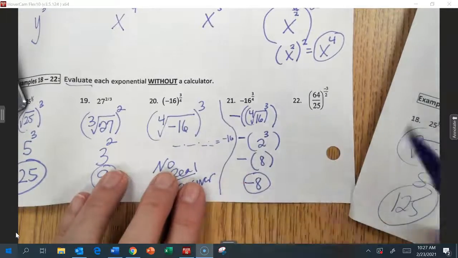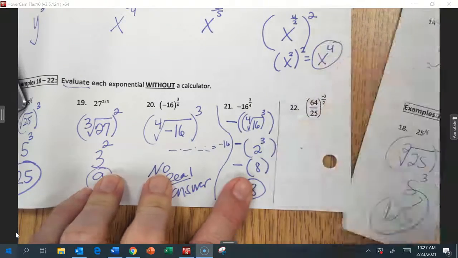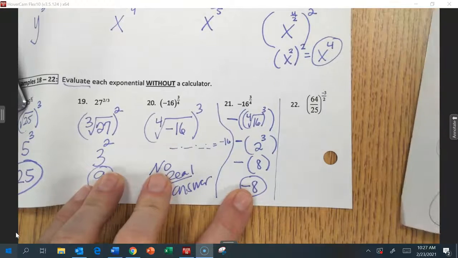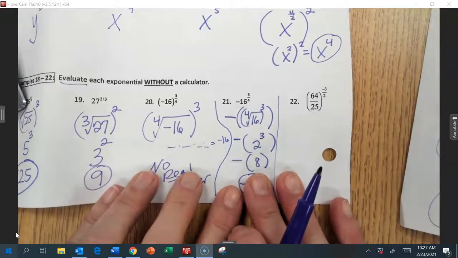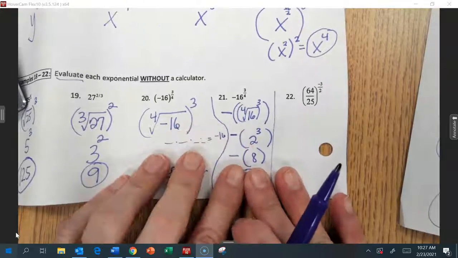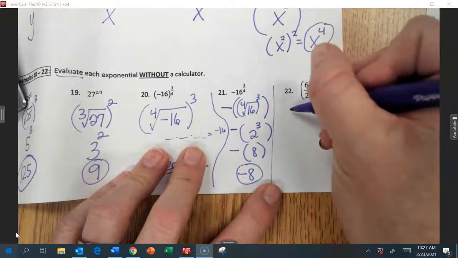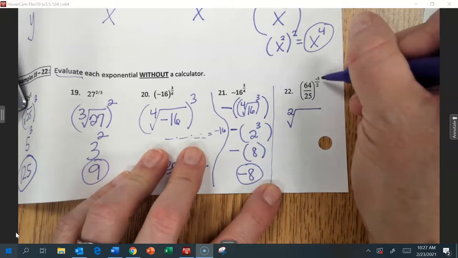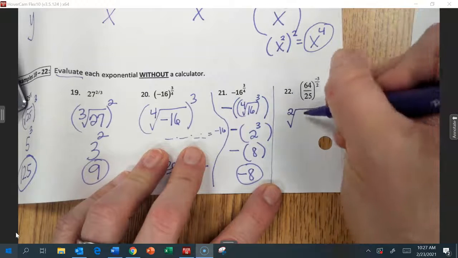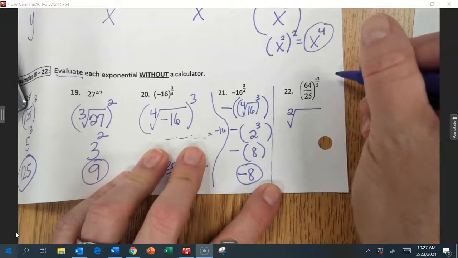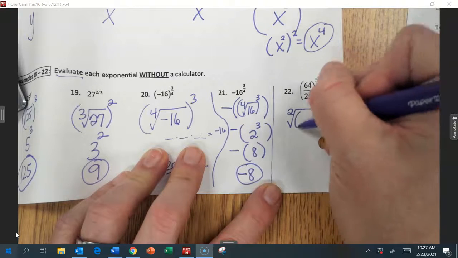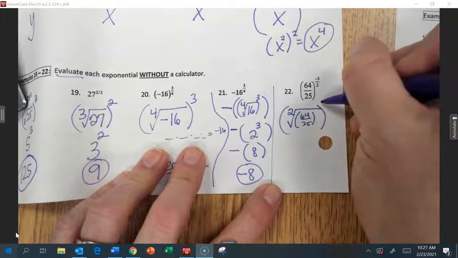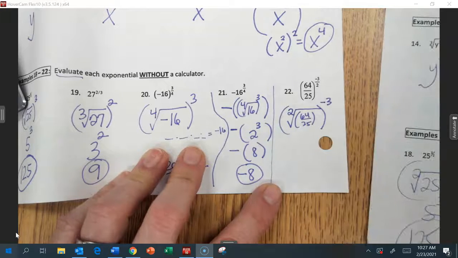And then finally, your last example in your notes is you are going to do 64/25 to the negative 3/2. And there's a couple different ways, but instead of worrying about that negative first, we have a 2 in our denominator. So the root is 2, and the negative 3 would be our power. So we're going to take the square root of 64/25 all to the negative 3rd power.